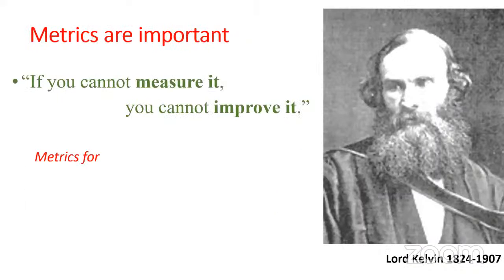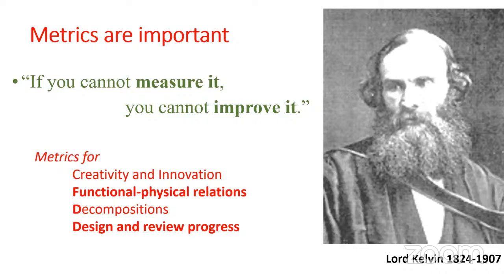Anyway, metrics. This one just quickly as we're getting up. Sometimes, especially when we're doing design, we don't like to have to deal with metrics. But if we can't measure it, we can't improve it. We also do design reviews, and how do we measure the progress of design and design reviews?